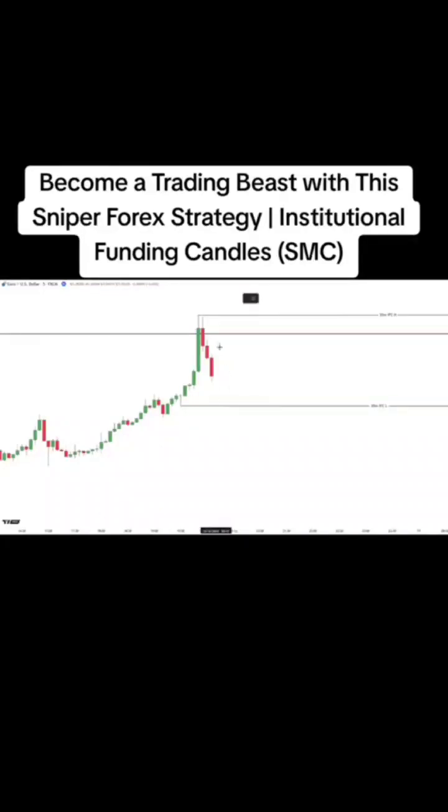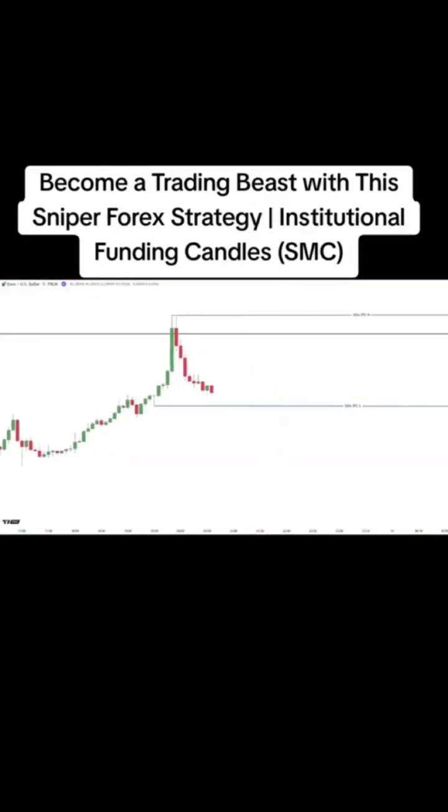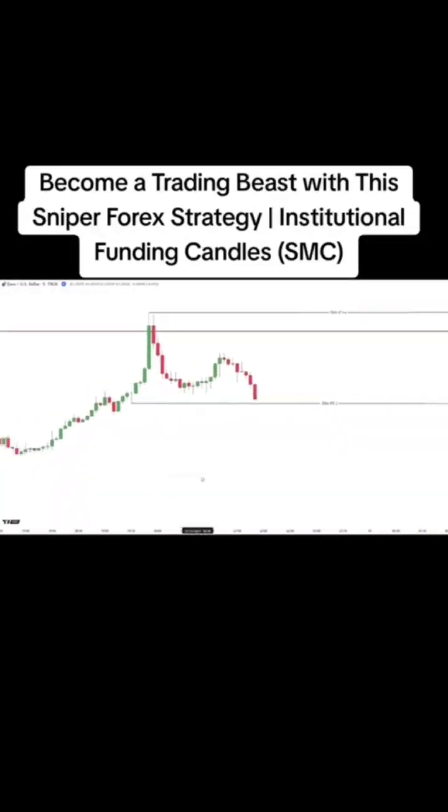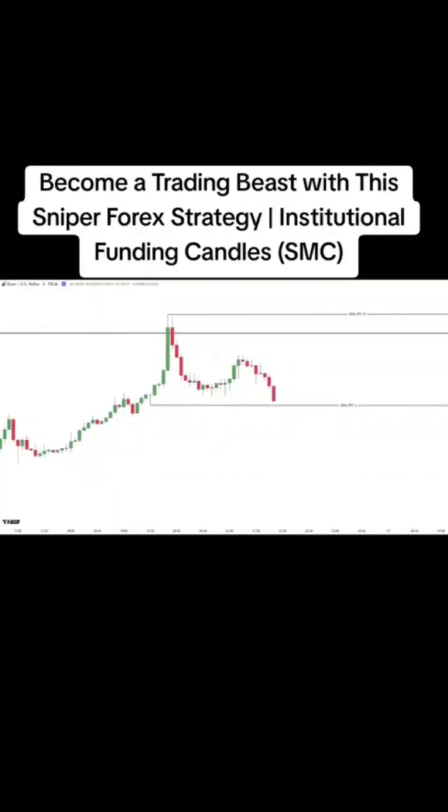As you can see, the price continues to drop, confirming the IFC candle. Here, we notice that the price has created a market structure shift and formed a PD array, which in this case is a mitigation block.